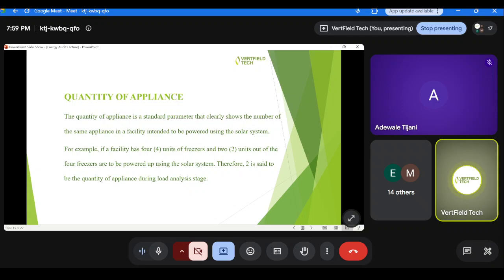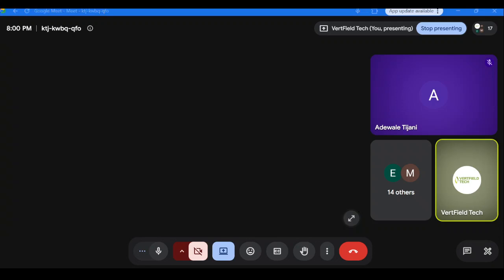During the course of this system installation, she wants to power just two TVs out of the three. So on our table of load analysis, for television, the quantity of appliance is going to be two. That is what that means.